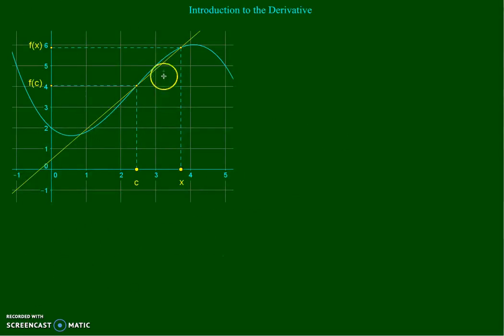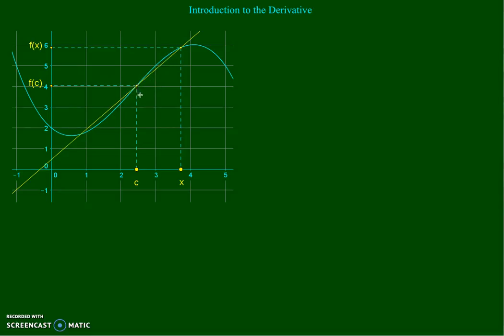Let's revisit the slope of our secant line from a slightly different perspective. Let's take a look at it from the perspective that we want to find the slope of the tangent line at some specific constant value c. As this x value approaches c, the slope of the secant line is going to approach the slope of the tangent line.